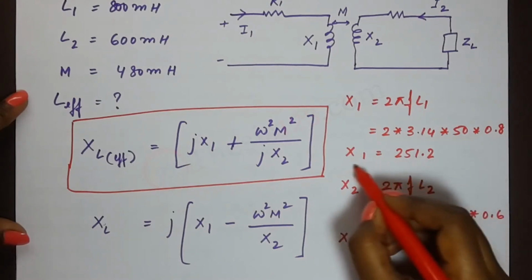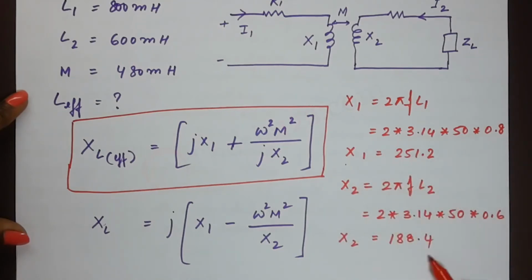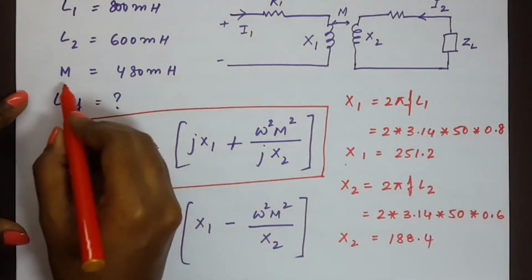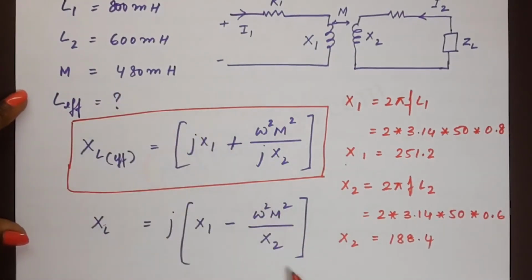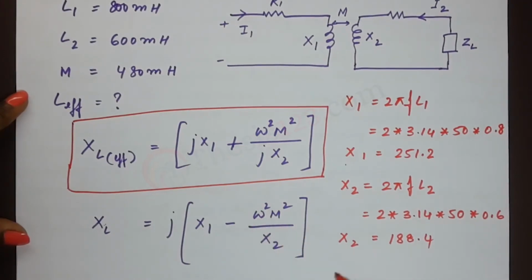So we have the value of X1 and we have the value of X2. We also have the value of M, 480 milli, which is 0.48. Now let's substitute all those three values along with omega. Omega is 2 pi f, which is 2 into 3.14 into 50, and that gives us 314.